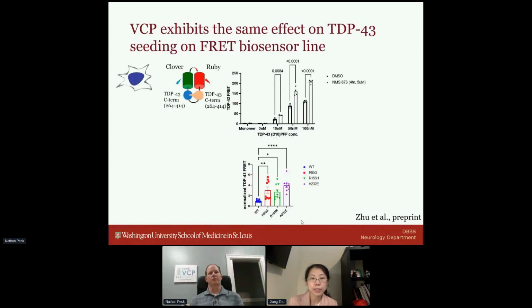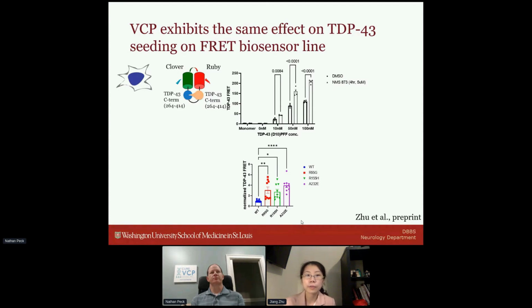Here we're showing that VCP has effects on alpha-synuclein seeding in vivo and in vitro. So then we ask if VCP has similar effects on TDP43 seeding, since most VCP patients right now have been identified with TDP43 inclusions.